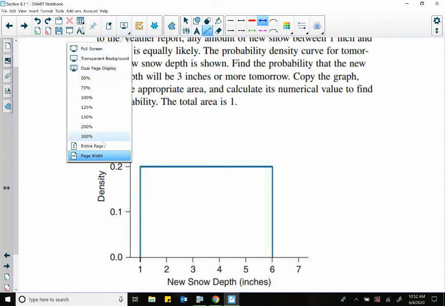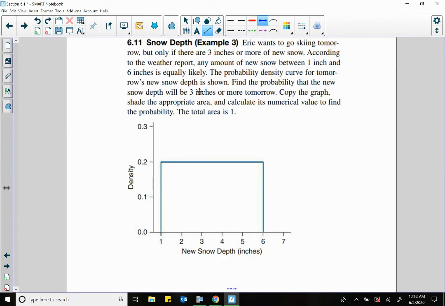So let's take a look at this problem and let's explore this together. It says, Eric wants to go skiing tomorrow, but only if there are 3 or more inches of snow. According to the weather report, any amount of new snow between 1 inch and 6 inches is likely. So that's why you see this.